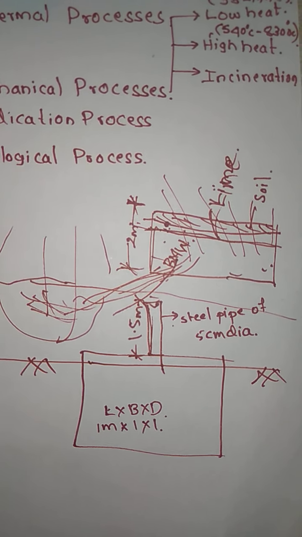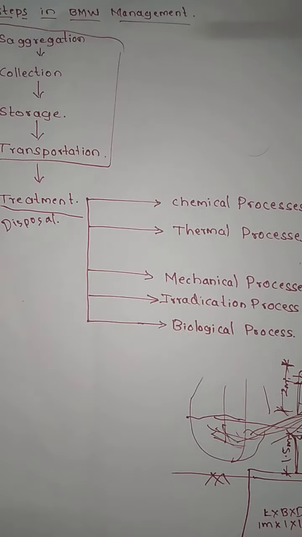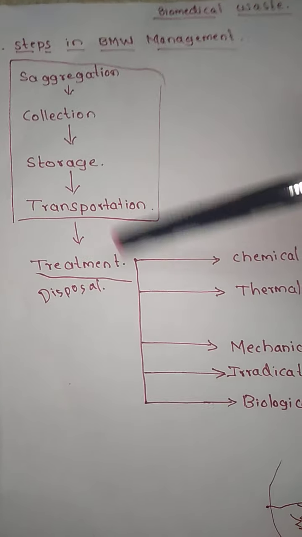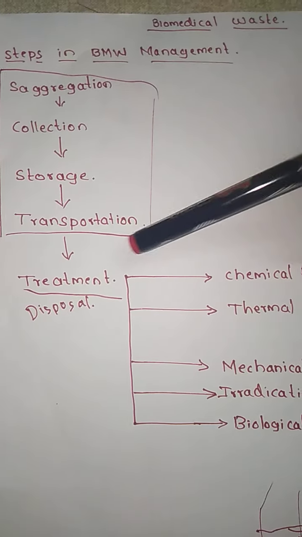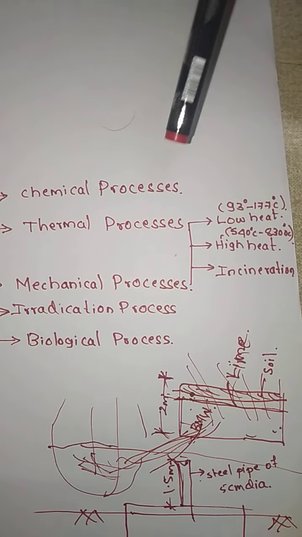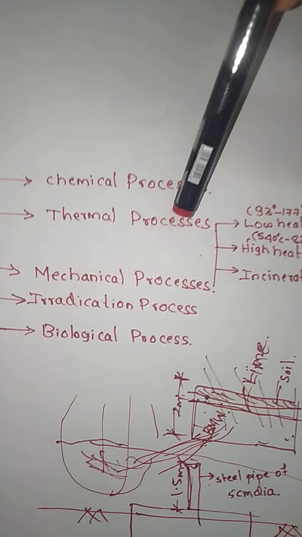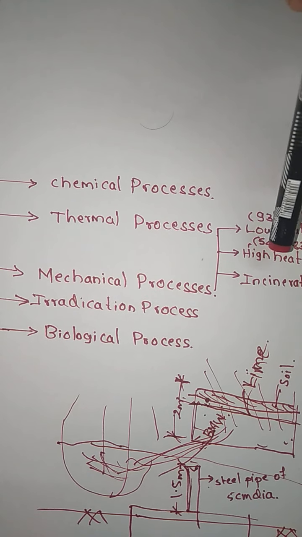So in today's class we have covered biomedical waste management. In management we have seen the treatment. In the treatment we have seen how chemical processes can be done by using hypochlorite solution and so on. Then we have seen thermal processes, low heat and high heat.